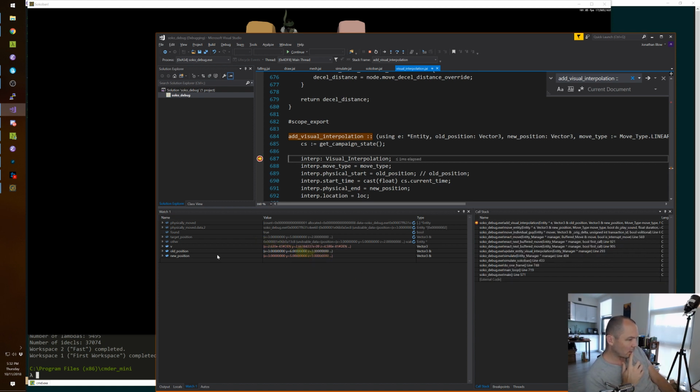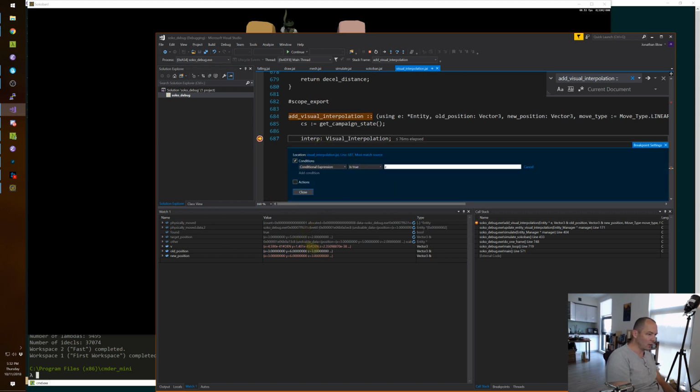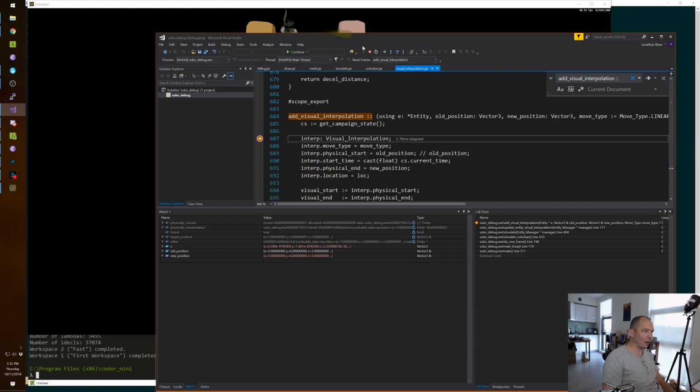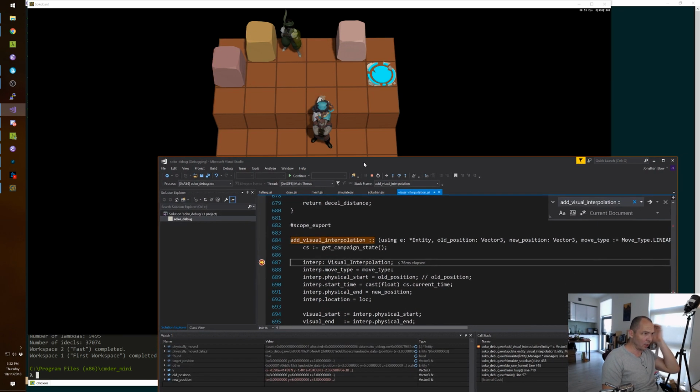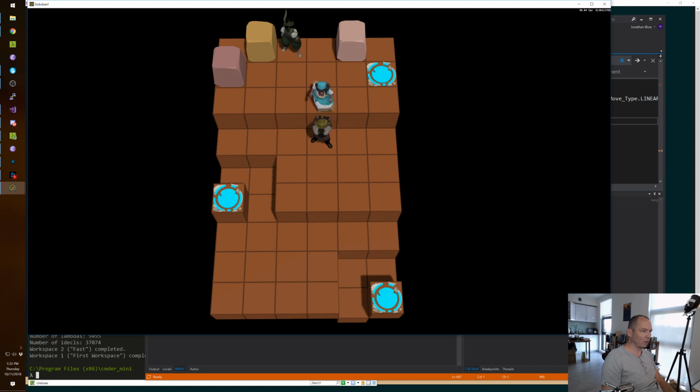I have no idea. Let's set a condition here. For new position.z is less than 3. I don't know, we're adding so many visual interpolations, but I think for idle motions and stuff, we do that. Okay, so let me disable this for a second. We're just going to reset so that we know totally what's going on.